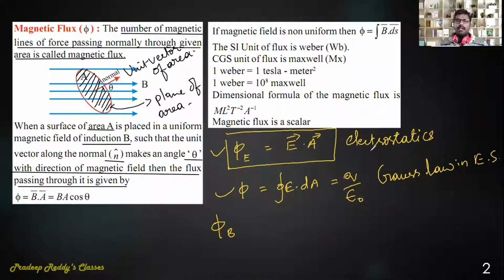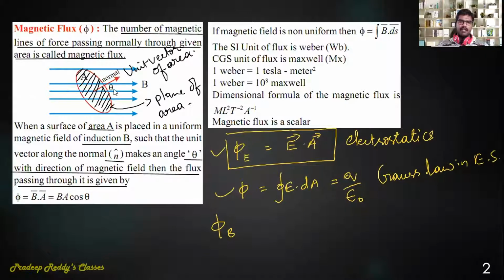So the vector should always be perpendicular to the area plane, irrespective of the shape. Here we are taking a circular loop, and for that, the area vector is perpendicular. Likewise, you can take a square loop, a rectangular loop, or any shaped loop. For that, the area vector is always perpendicular to each plane.